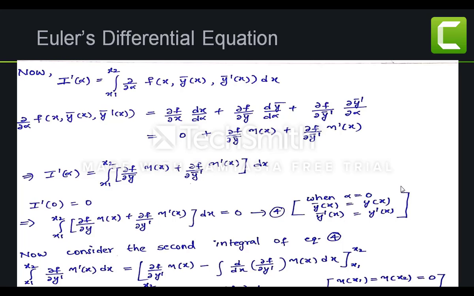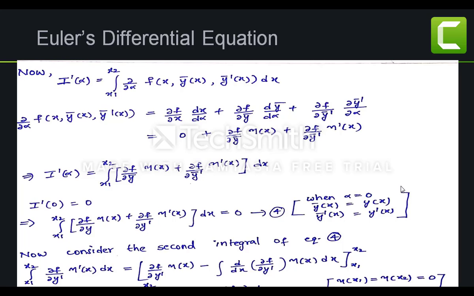So the first term, we know x is not a function of alpha, so dx/dα is 0. ∂f/∂ȳ, then dȳ/dα is equal to η(x), since we have ȳ(x) is y(x) plus αη(x). So dȳ/dα will be η(x).